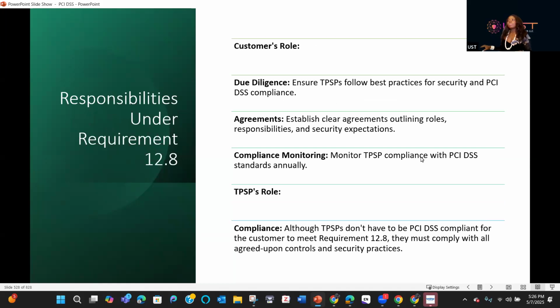But what is the customer supposed to do? Again, these are things we're going to discuss in depth when we get to third-party vendor risks. We start talking about due diligence, ensuring that your vendors actually follow best practices and are in compliance with PCI DSS, as well as having a very established and clear agreement or policy that outlines the roles, responsibilities, and security expectations.